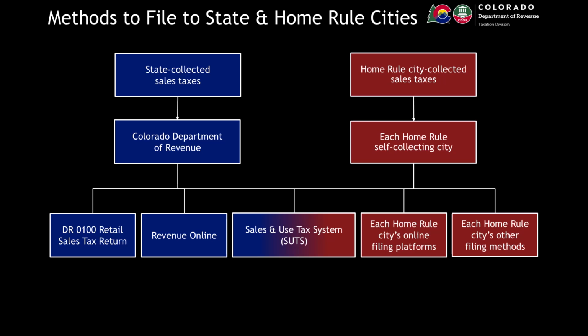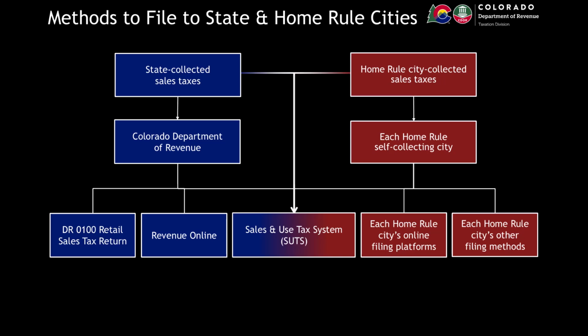For example, some businesses opt to file and pay state-collected sales taxes using Revenue Online and self-collecting city sales taxes using SUTS. This allows businesses to choose the best method that meets their needs, since businesses come in all shapes and sizes. Continuing our example, the business will use the SUTS online filing platform to file and pay both the 4.5% of state-collected sales taxes to the Colorado Department of Revenue and the 3% of self-collecting city sales taxes to Lakewood.